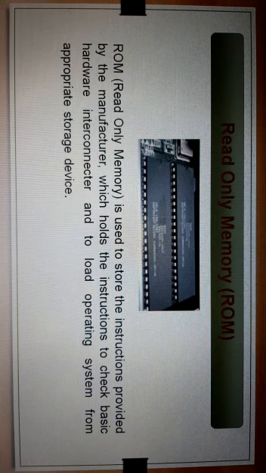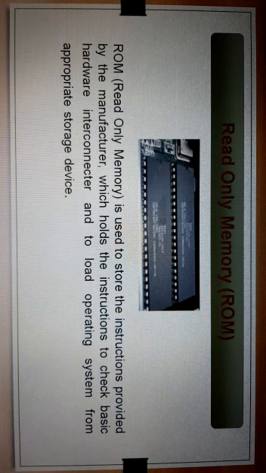In fact, ROM contains certain pre-coded instructions for controlling the operations of a computer. These instructions are pre-programmed during the manufacturing of the chip itself.